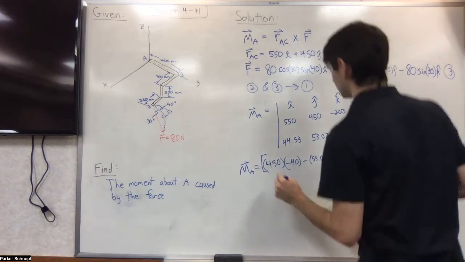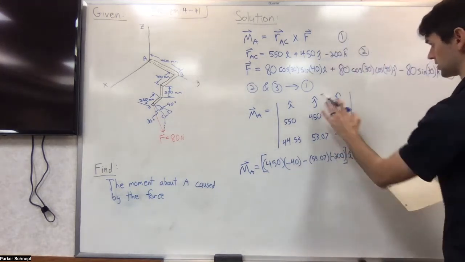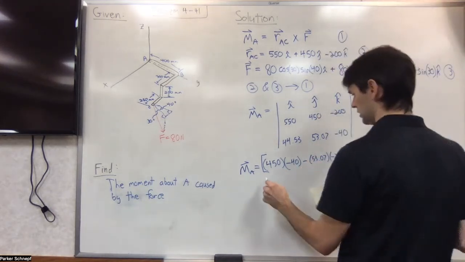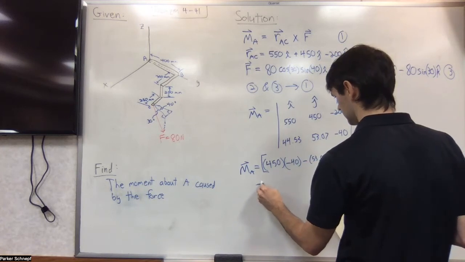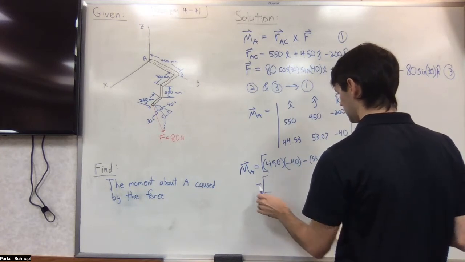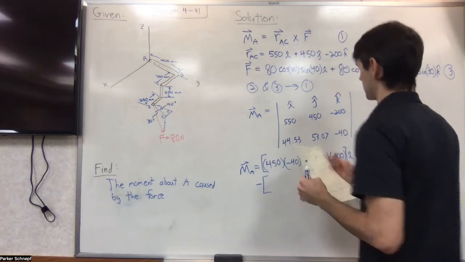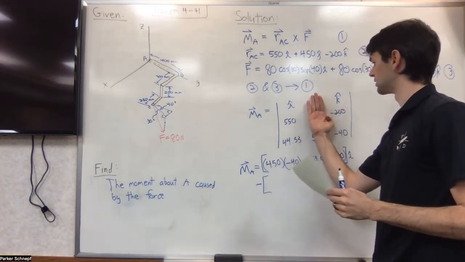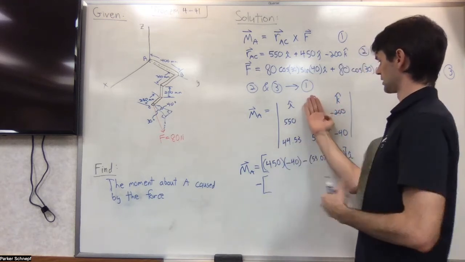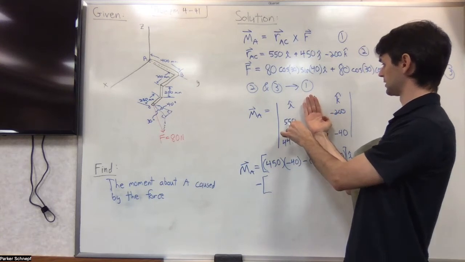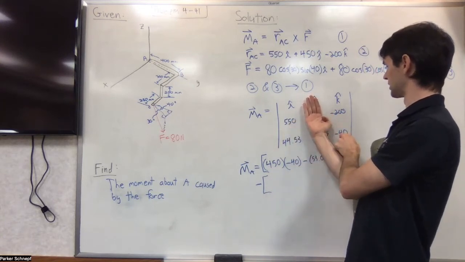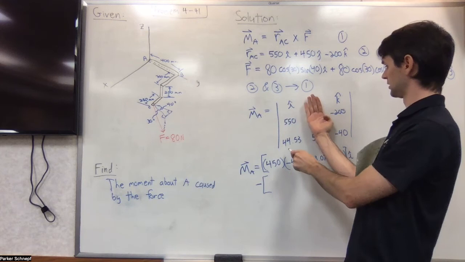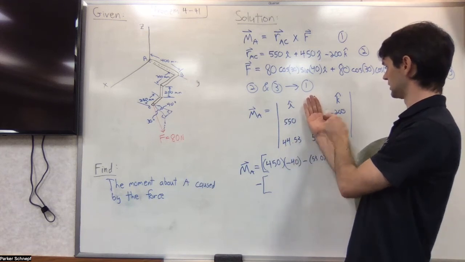Now with the J, I'm going to start out with a negative in front. The J, just throw in this negative. So I'm going to cover and do the same thing with the J column. I'm going to take this 550 here, multiply it by this negative 40 here, and subtract the product of 44.53 and minus 200.